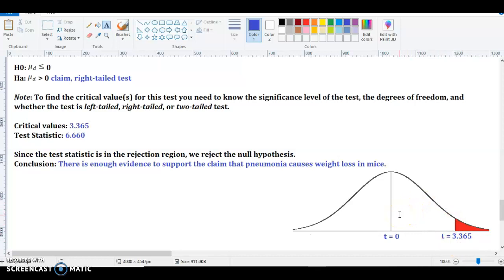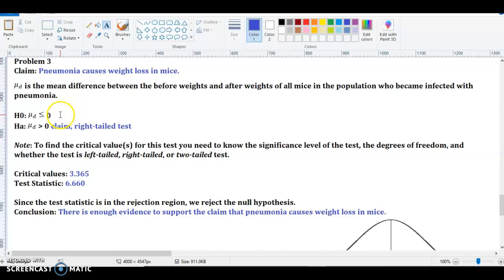In this case, our test statistic is 6.660, which clearly is to the right of 3.365. Since 6.660 is greater than 3.365, it appears to its right, which puts it in the rejection region. That's why we reject the null hypothesis in favor of the alternative hypothesis, which is the claim that was given in the problem.